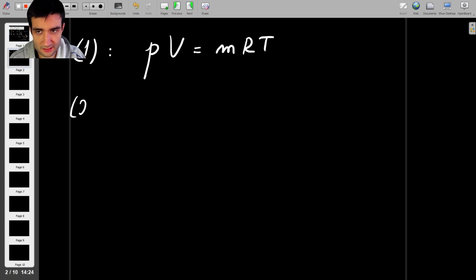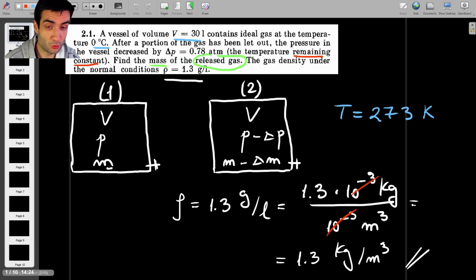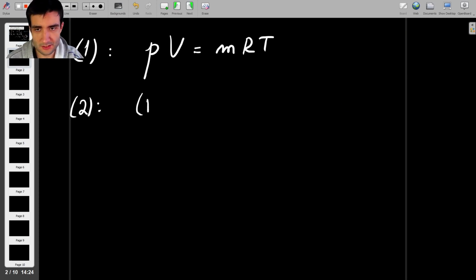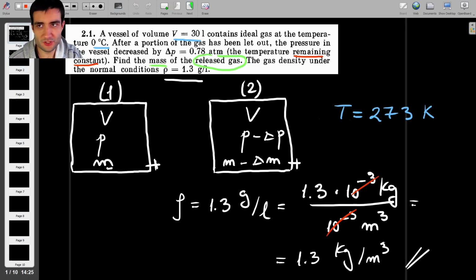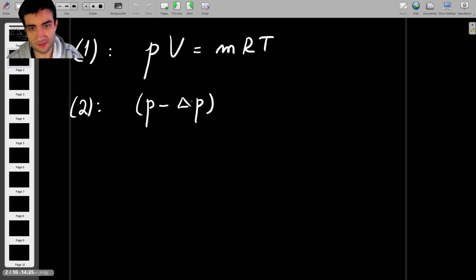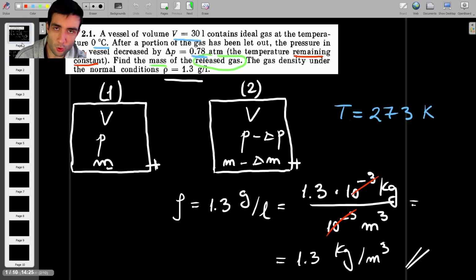Now for the second state, something changed. You released some of the gas from the vessel, and the pressure dropped. So the new pressure is going to be P minus delta P. If the pressure decreased by 0.78 atmospheres, the new pressure is whatever P was minus 0.78 atmospheres, multiplied by V. Keep in mind that although the mass changed, the volume of the gas is the same, because gases always occupy the entire volume available, which in this case is 30 liters.